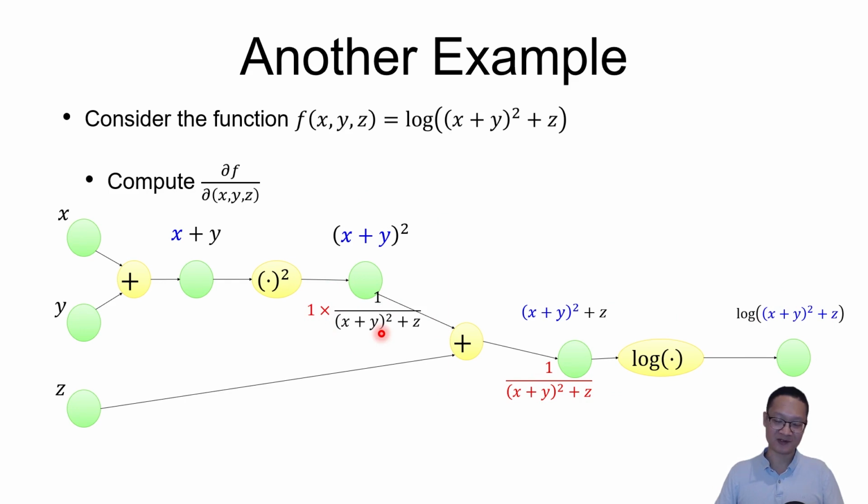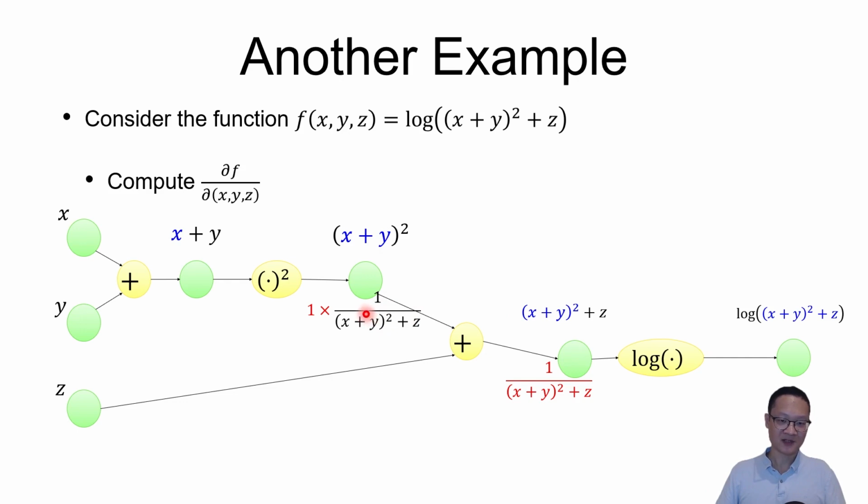So that's using the chain rule. Every time we go back one step, we keep what we had previously, and then we take the derivative from the next stage and multiply by that. In this case, the derivative is 1 because this expression differentiated with respect to this expression is just a simple 1.